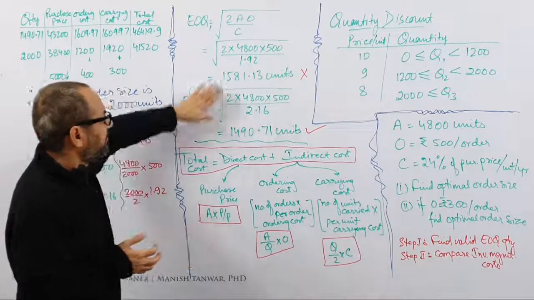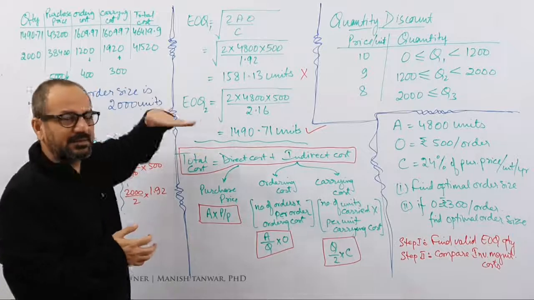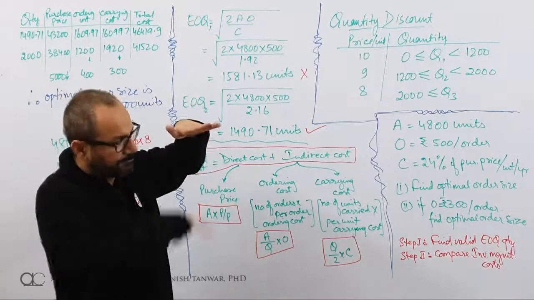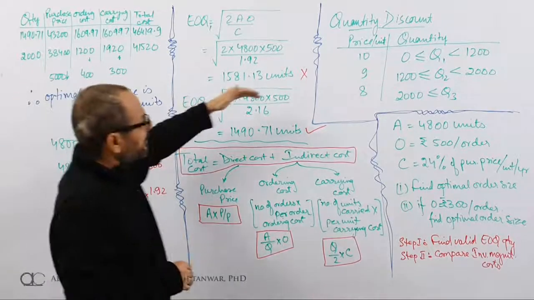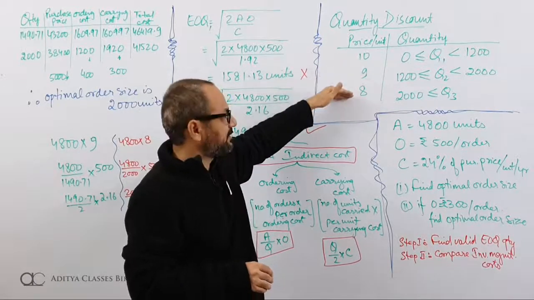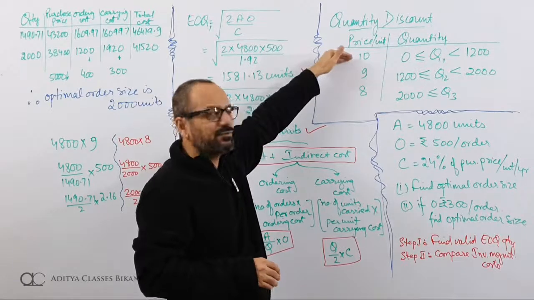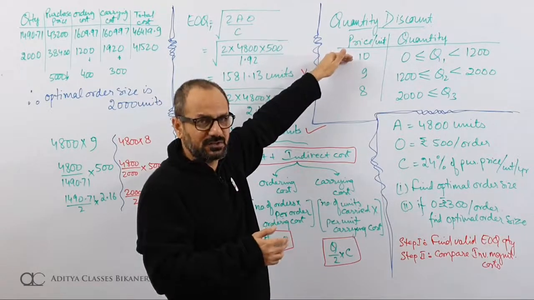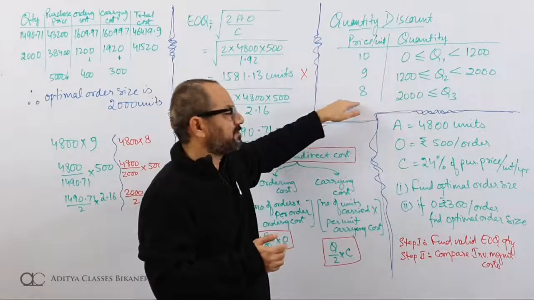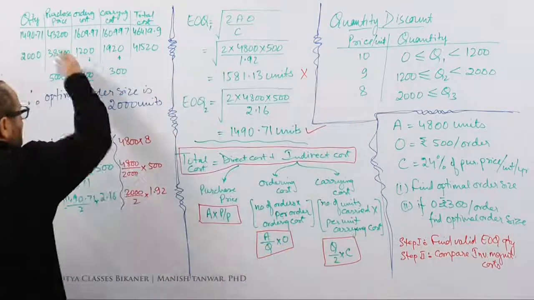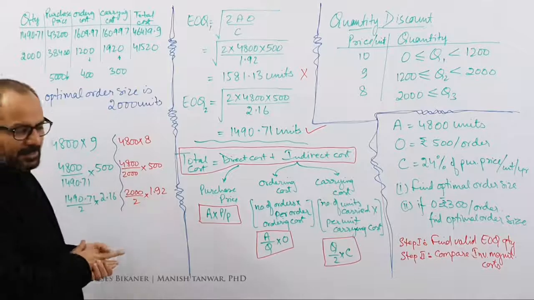First step is to find a valid EOQ, and wherever that valid EOQ comes, beyond that point, check your prices. Now my valid EOQ was coming in this slab, so I only checked 2000. If your valid EOQ sometimes comes in the first slot, you should check for 1200 units also at a rate of 9, and 2000 units also at a rate of 8. In this fashion. Fine.